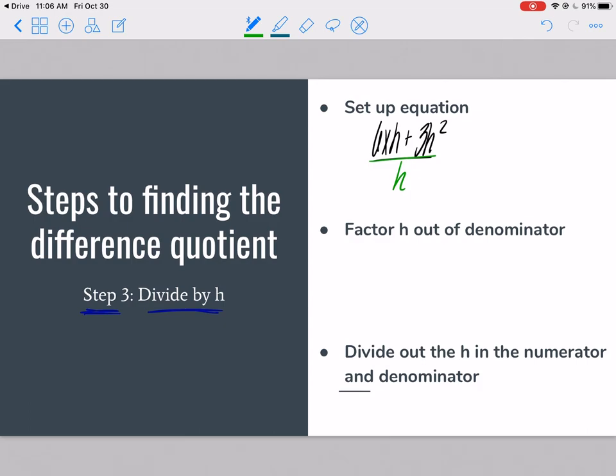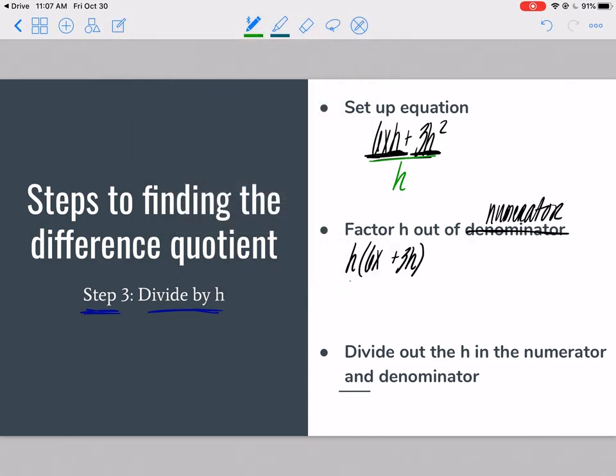Okay, now what you have to do first before you divide it by h, this should say numerator, is factor h out of the numerator. And because it's supposed to be in every single term in the numerator, that should be a pretty easy process. So if I factor h out, that just means I'm going to write it out in front, and I'm dividing both of these terms by h. So 6xh divided by h would just be a 6x, and 3h squared divided by h would just be a 3h.